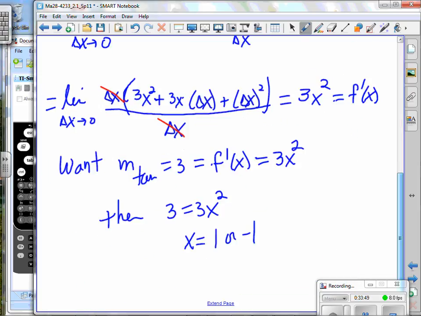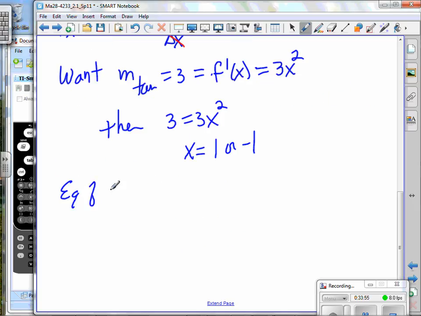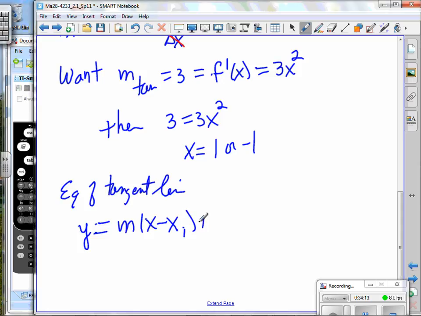If that's true, then the equation of the tangent line, let's see, we've got y equals m times the quantity x minus x1 plus y1.